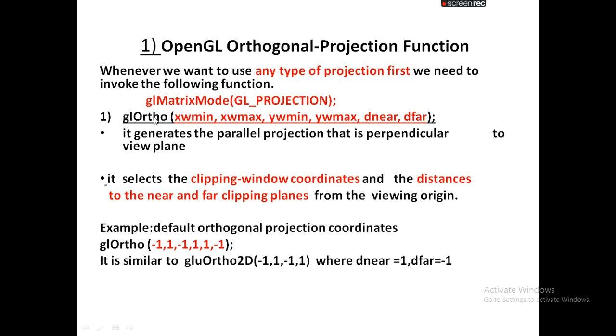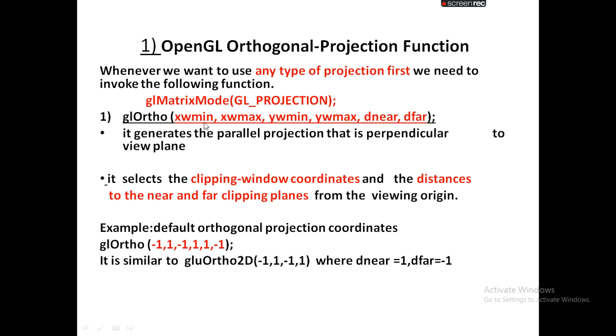So this glOrtho function will create one rectangular parallelepiped shaped viewing volume, as we already discussed. What is the shape of the viewing volume with respect to parallel projections? It creates one cube-like shape, a parallelepiped.